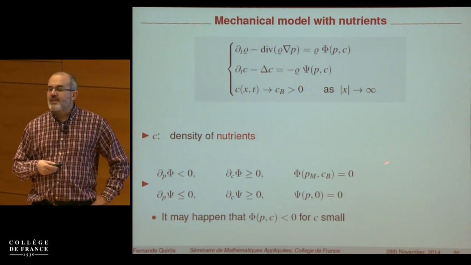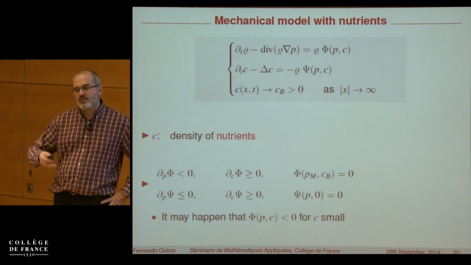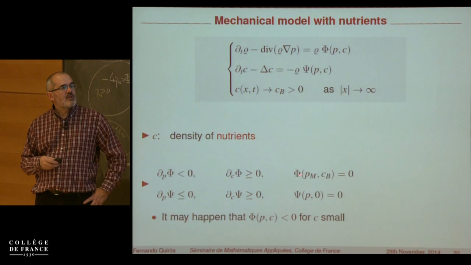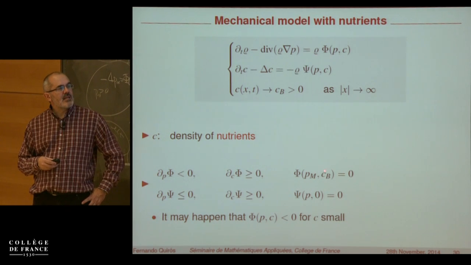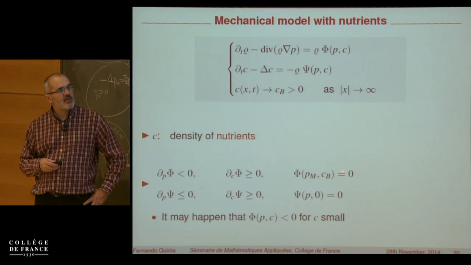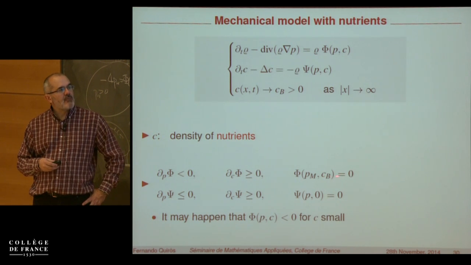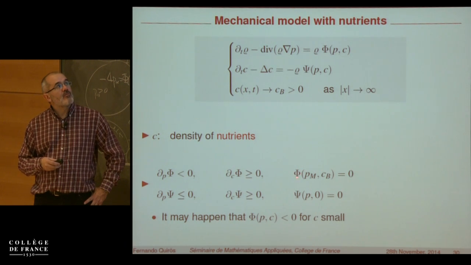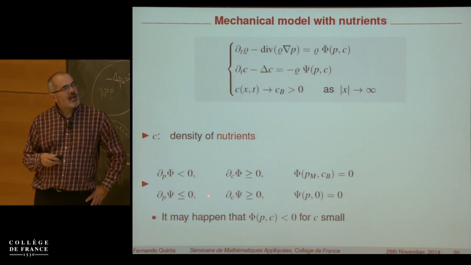It should increase with the nutrients. The more nutrients, the more you can reproduce. And there's a threshold. If you reach the homeostatic pressure, even if you have all the supply of food available, then there will be no multiplication. Okay.